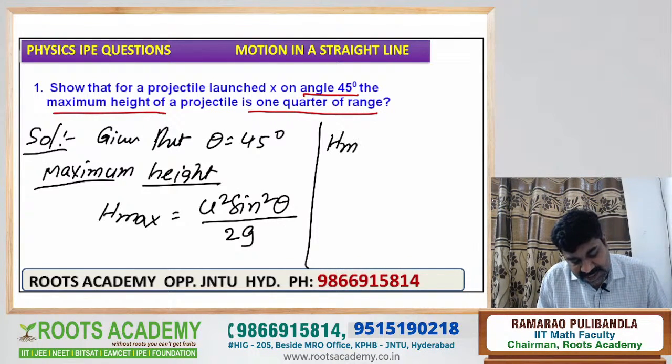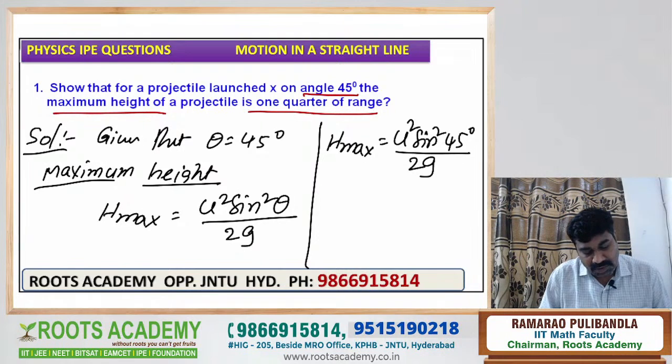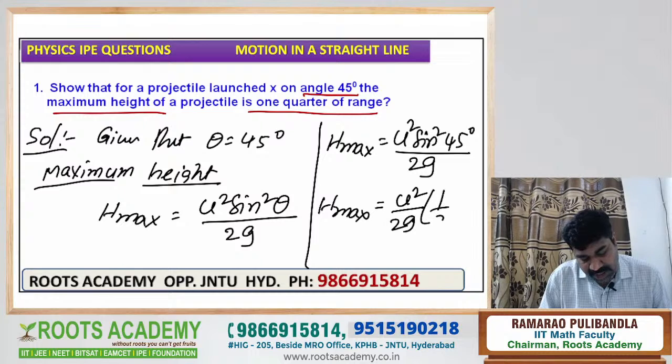H max is equal to U square sin square 45 by 2g. Sin 45 is 1 by root 2, so sin square 45 is 1 by 2. So H max is equal to U square by 2g into 1 by 2.